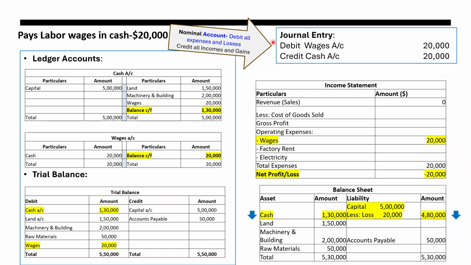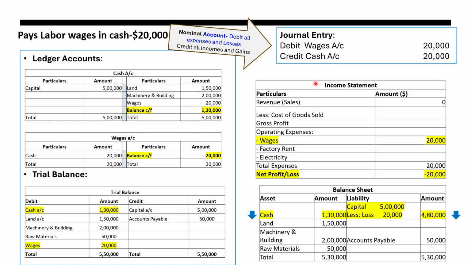Now in this case, wage is an expense, so we will debit, as you see here, and cash account being a real account, we'll credit, because credit what goes out. So that's the journal entry for recording wages as expense.